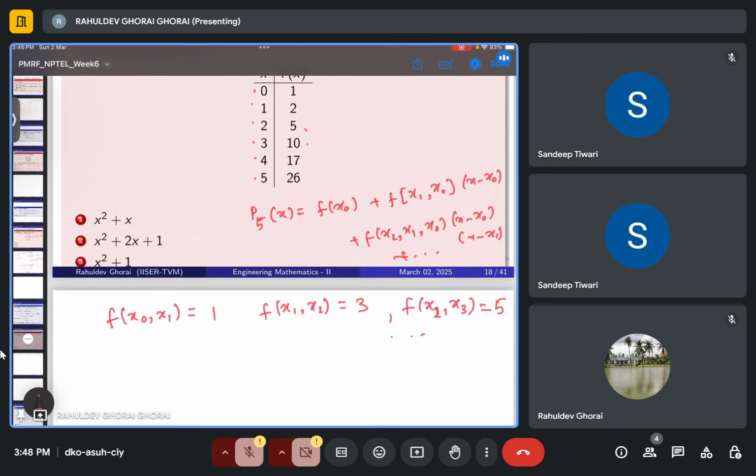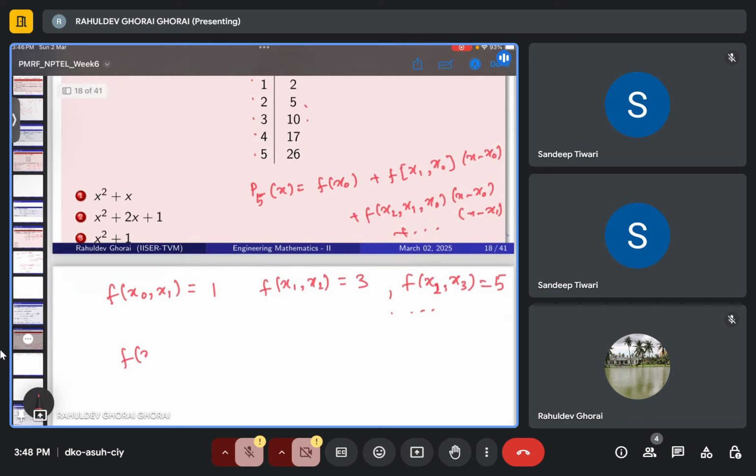It will keep on going, but then f[x2, x1, x0] will be 3 minus 1, which is 2, sorry.